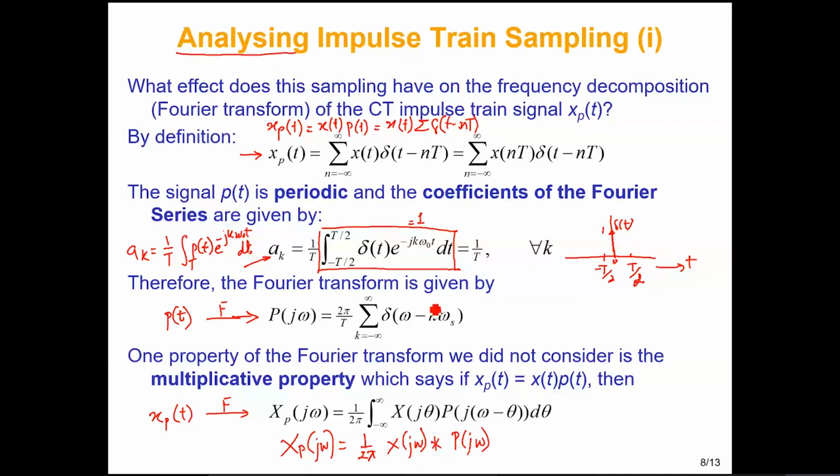And P(jω), we have seen, is just a set of impulses, having value equal to ωs and placed at multiples of ωs. This is what your P(jω) was. Similarly at 2, at 3, and we have all these impulses.